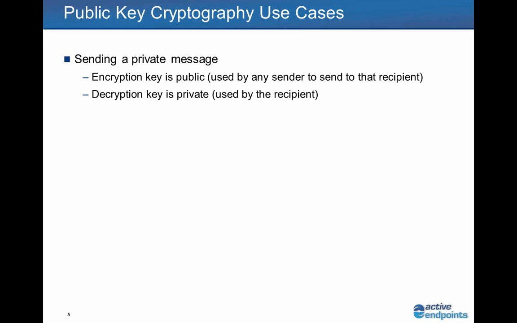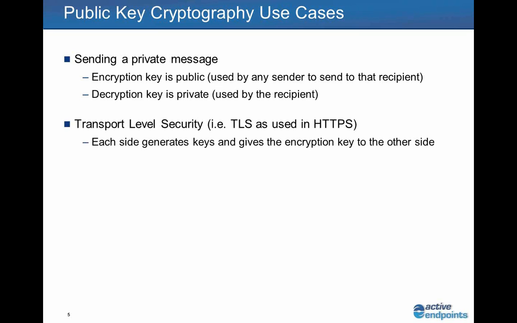Nobody else can read it, including the guy who wrote it, except for the fact that he knew what he encrypted. The only person who can read it is the guy with the other key, which is private, and that's the recipient. Now that's just for a one-way message. If you want to go two-way, then each person has a public and private key, and you share back and forth.